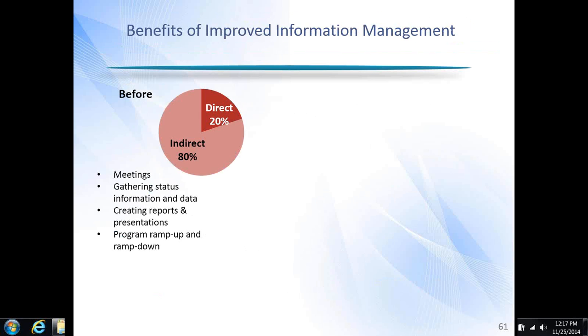One way, and this is our last slide, of looking at those benefits is to say, in a typical community that's trying to address an issue like chronic disease or educational success of their youth, there can be an awful lot of effort that goes into things that are indirect, where they're not really advancing that issue, where they're having meetings and they're designing measuring plans and they're creating reports and programs, ramping up and ramping down and ramping up and down their infrastructure.